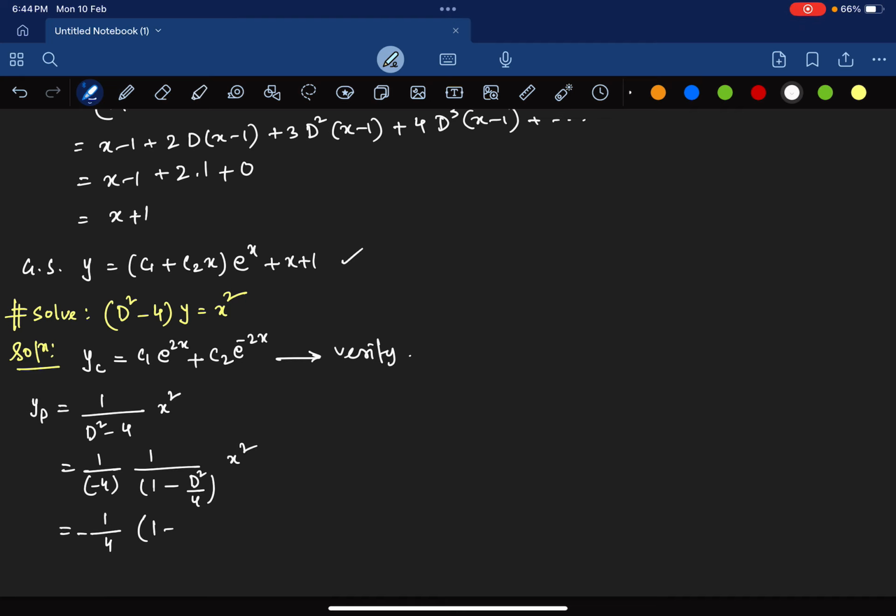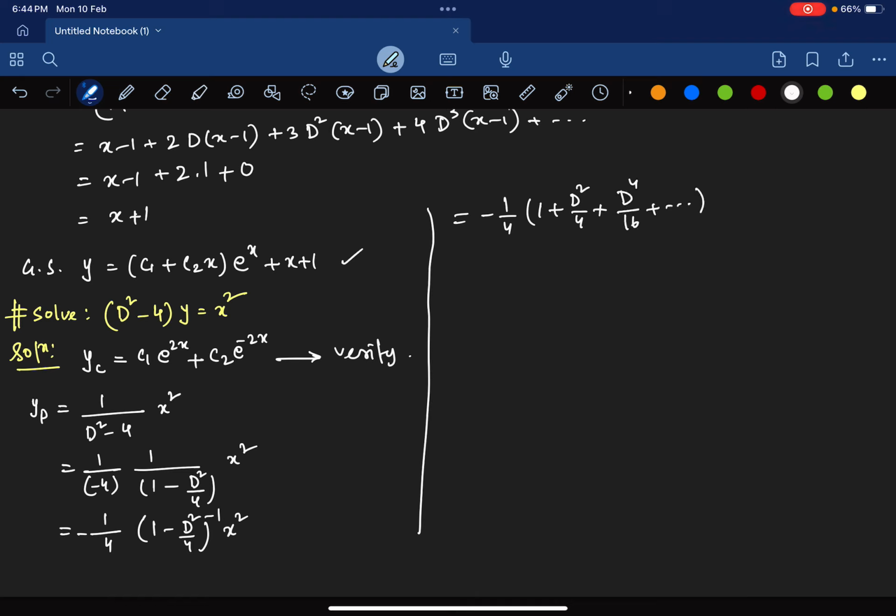So in the next step, (1 minus D square by 4) whole power minus 1 of x square. So in the next step, minus 1 by 4 times (1 plus D square by 4 plus D power 4 by 16 plus so on) x square.